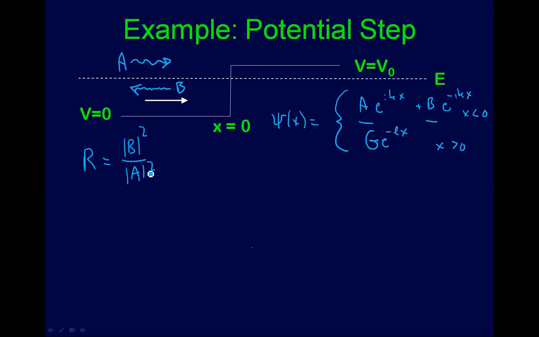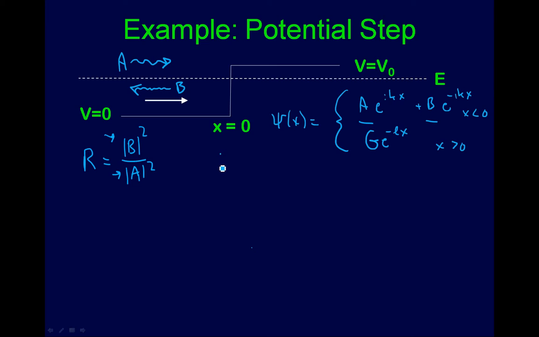The absolute square tells us the probability of finding that particle there. So this is the probability of finding B in that region, divided by the probability of finding A. It's the reflected divided by the incident, so it tells us how much of the incident is going to be reflected.